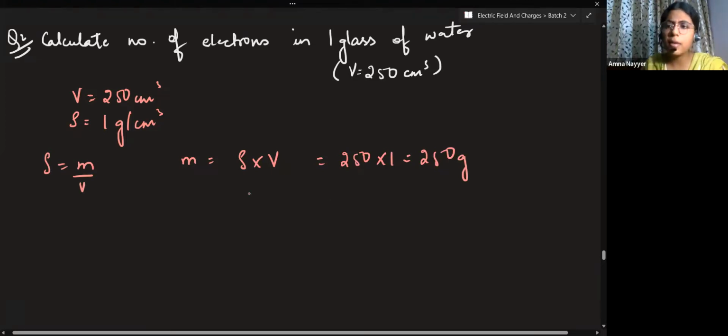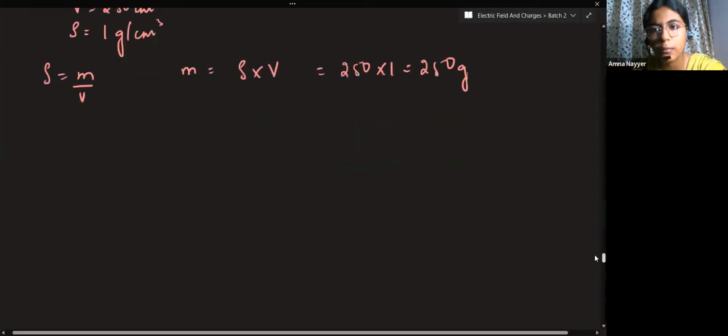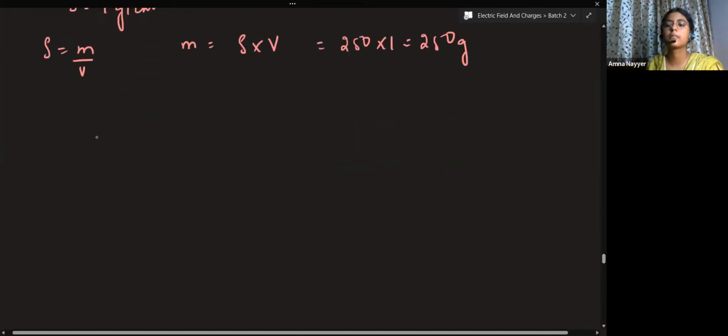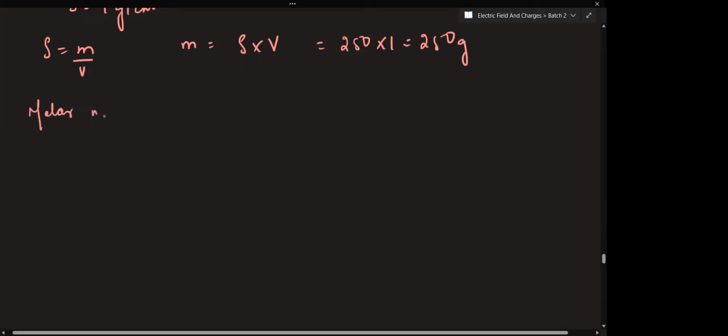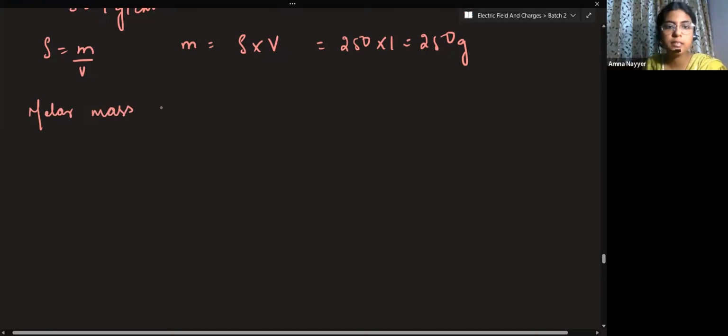What is the molar mass of water? Recall your chemistry. Yes, molar mass. 18. Molar mass of water is 18 grams.